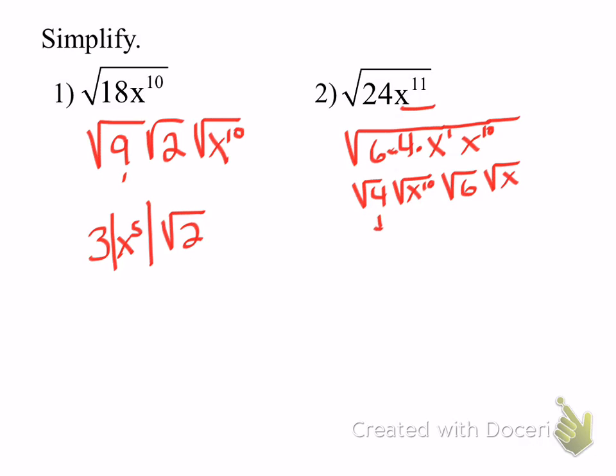What's the square root of 4? What's the square root of x to the 10th? X to the 5th. But what's left that's not a perfect square is 6 and x. Now, why am I not writing absolute value this time?